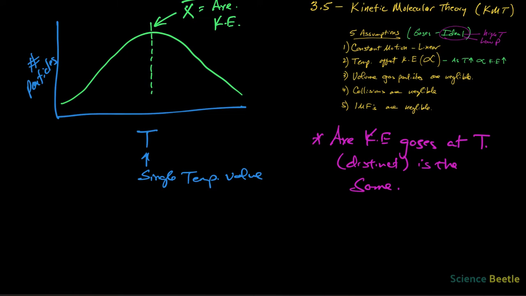So the main thing to remember is if you have lighter particles, obviously lighter means you're going to be able to have a higher kinetic energy, so there's going to be an increase in kinetic energy. On a graph, relative to what's already there, this is going to be a shift to the left, or rather to the right, because the kinetic energy here is going to be a little bit higher.